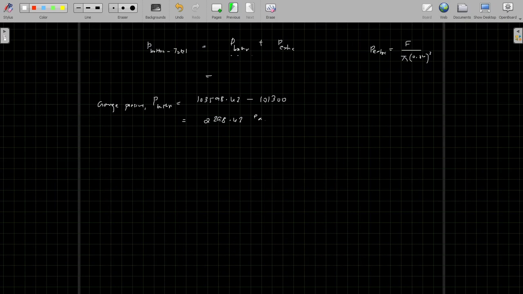Let us use it now. So what will be the total? So pressure bottom total will be equal to this value 2298.42 plus pressure extra. It is this extra force that I need to find. So what I'm going to write now, force at the bottom total.